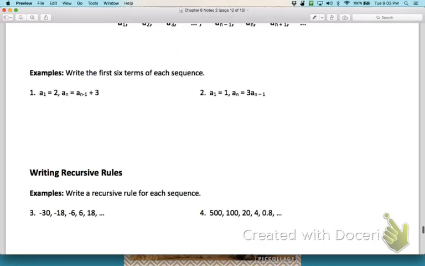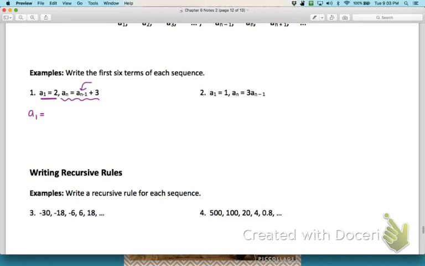So you'll notice here on example 1 they told us the first term. And then this recursive rule here tells us how to get the next terms. This says take the previous term and add 3 to it. So if I look at this here, I'm going to write this out kind of a long way so you can see how the recursive works.